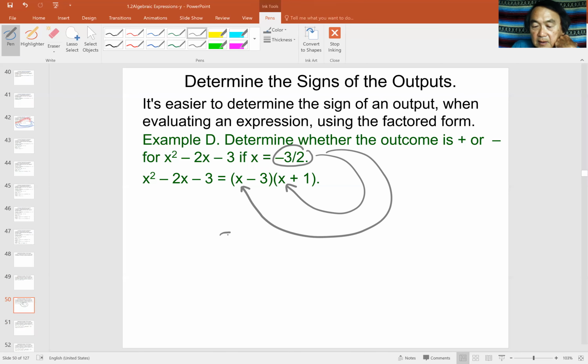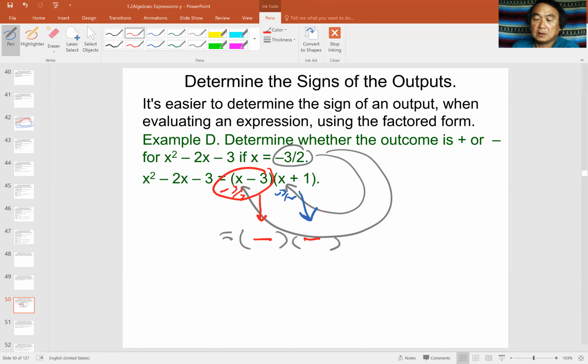And then the second thing is we're going to be lazy about it. I'm not going to calculate what the number in each parenthesis will be. All I'm going to do is observe whether each parenthesis winds up positive or negative. -3/2 minus 3 is going to be negative in the first parenthesis. -3/2 plus 1 is going to be a negative result also.